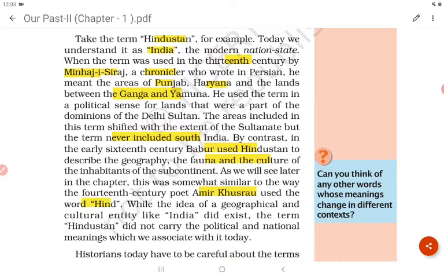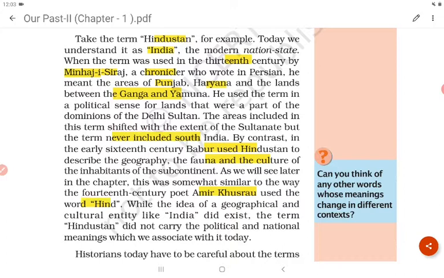He used the term in a political sense for lands that were a part of the dominions of the Delhi Sultan. The areas included in this term shifted with the extent of the Sultanate, but the term never included South India.